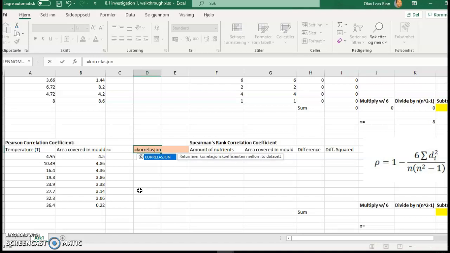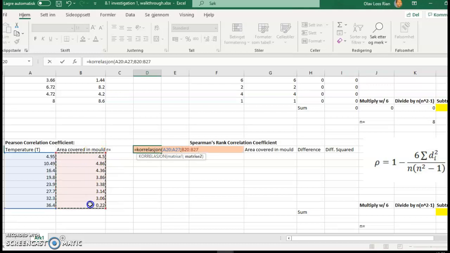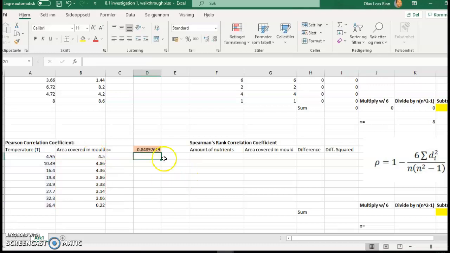Again, if you're working with the English version, just type this in English instead and use a comma rather than semicolon. Okay, so relatively strong negative correlation. But the reason why it's not super strong is because of the outlier.